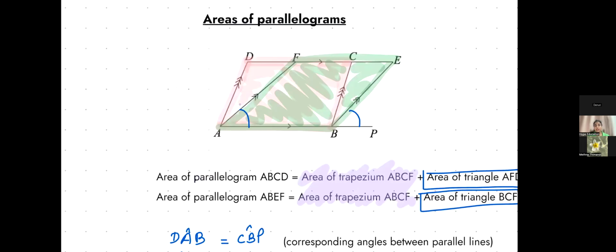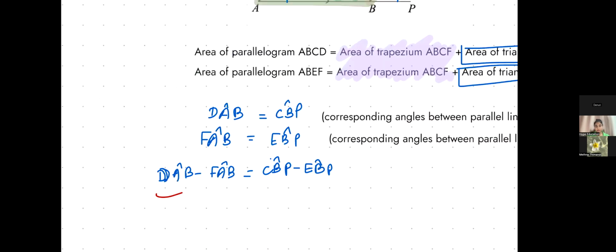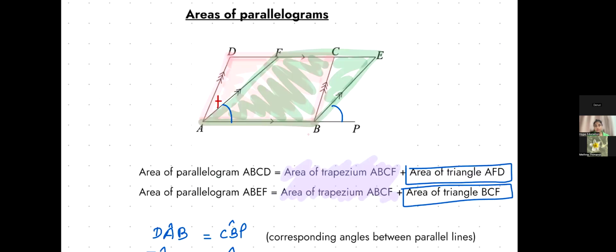FAB is this. එයාගෙන් ඒක subtract කරාම අපිට ඉතුරු වෙනවා DAF. මෙතන CBP ගෙන් EBP අඩු කරන්න ඕනේ. CBP is this. එයාගෙන් EBP අඩු කරාම අපිට ඉතුරු වෙනවා this one, which is CBE.